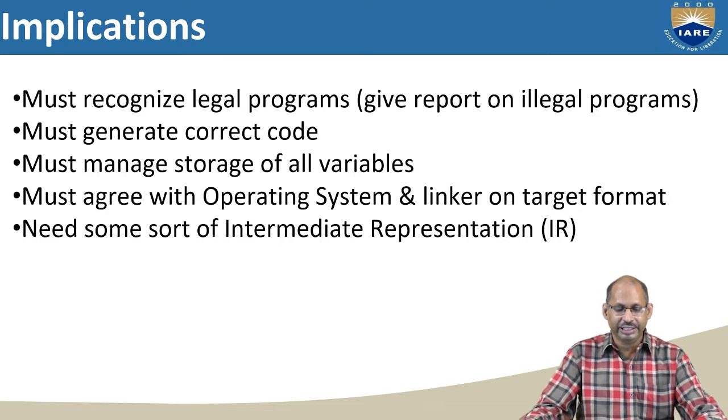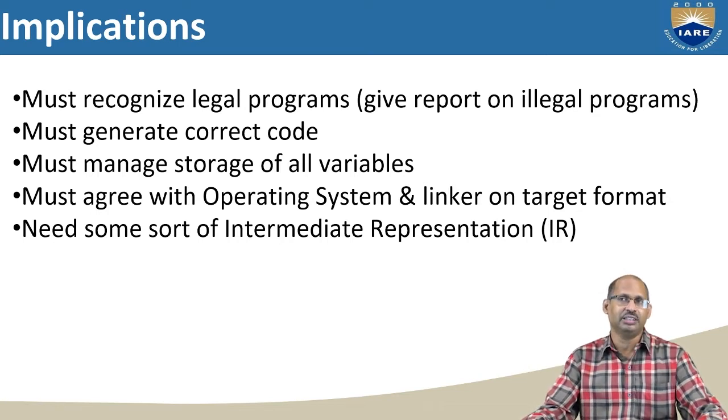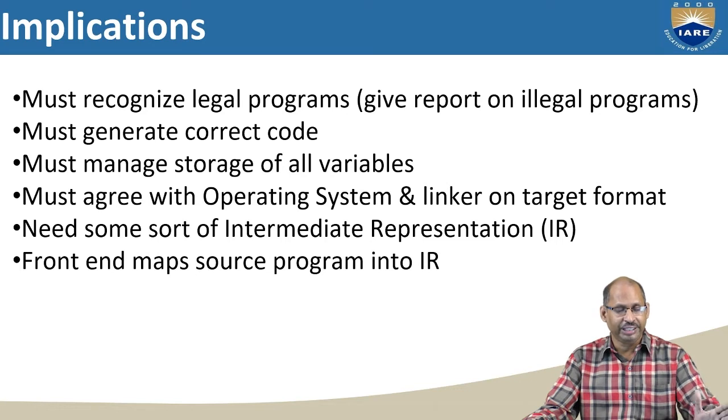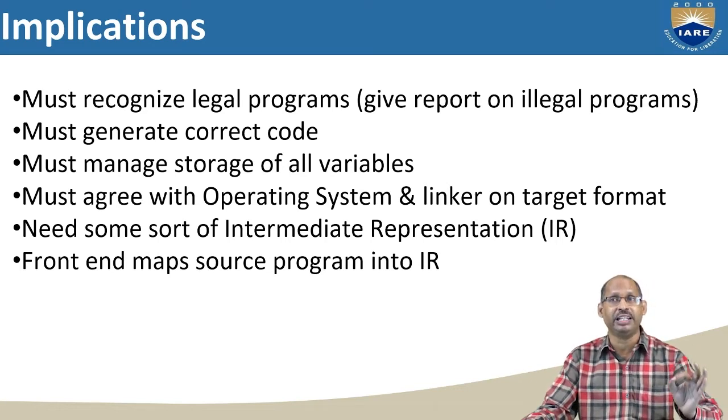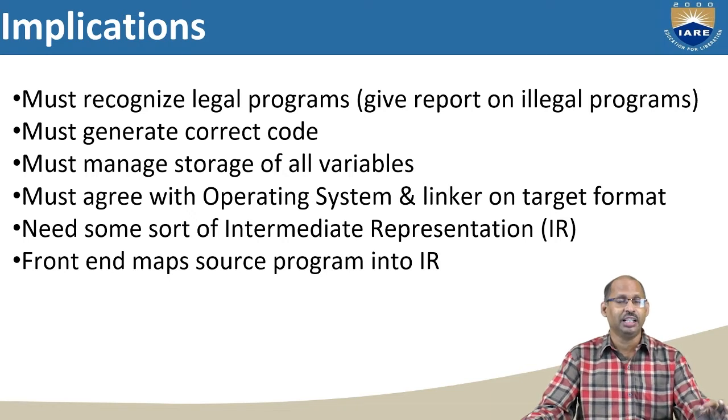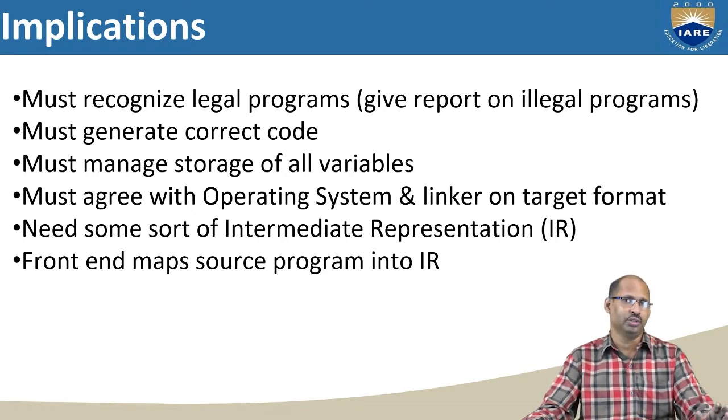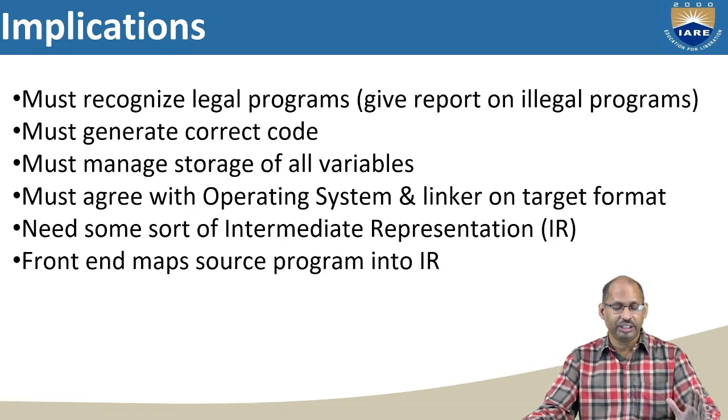So it needs some sort of intermediate representation, right? So here it uses the intermediate representation. The front end maps the source program into intermediate representation, intermediate machine code, converting the source program into different structures, finally into intermediate representation.